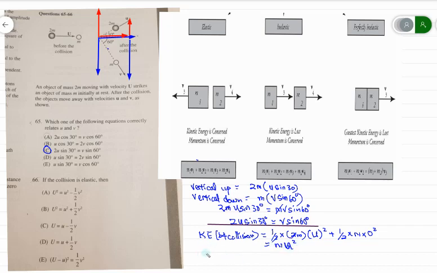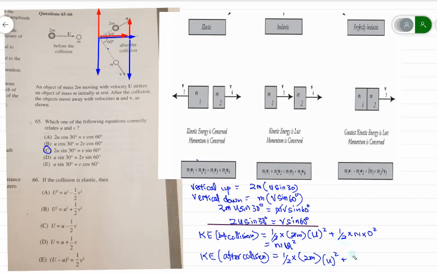Now the kinetic energy after the collision is equal to half times, let's look at this object, the mass is 2m and the speed is small u squared. That is for the 2m object.